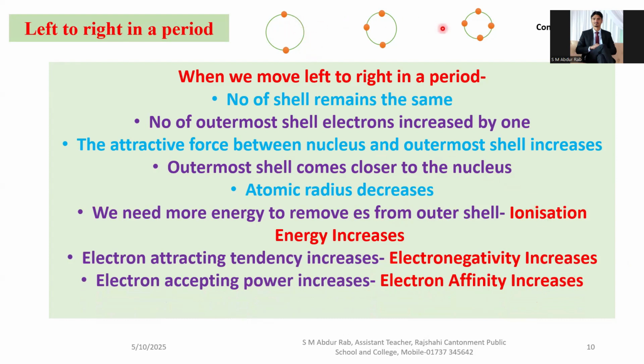That means from left to right in a period, the atomic radius will decrease, but all these three increase: ionization energy, electronegativity, and electron affinity. So, in this way, we can write why ionization energy, electronegativity, and electron affinity increase, and atomic radius decreases from left to right in a period.